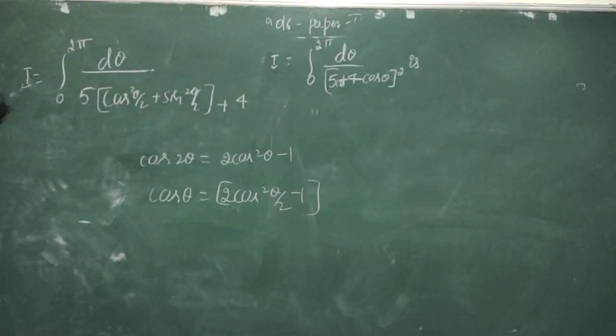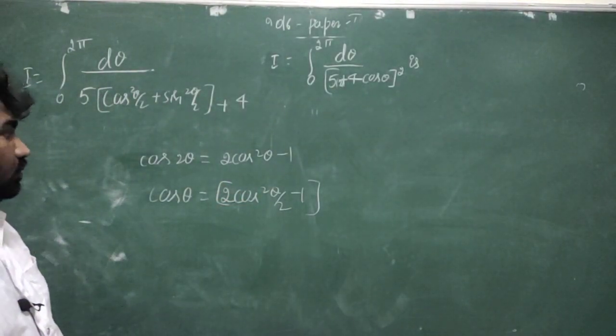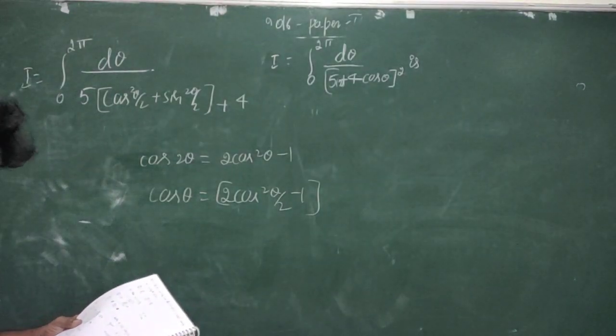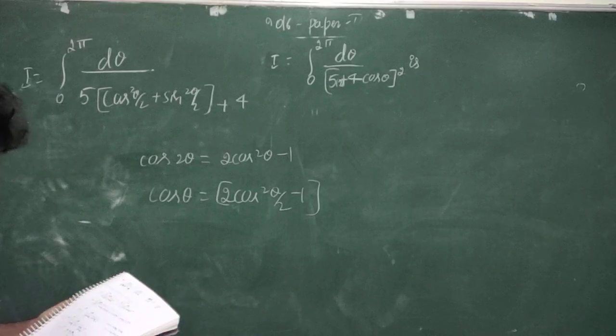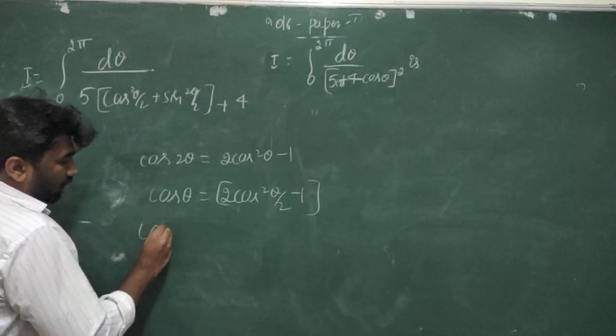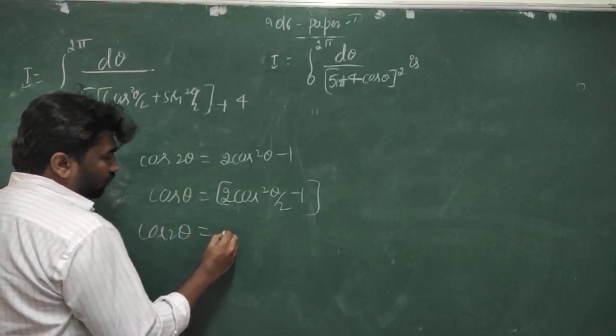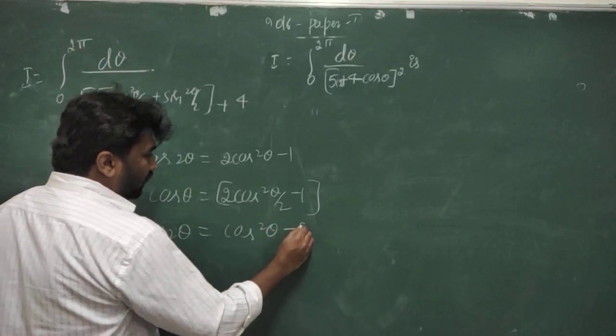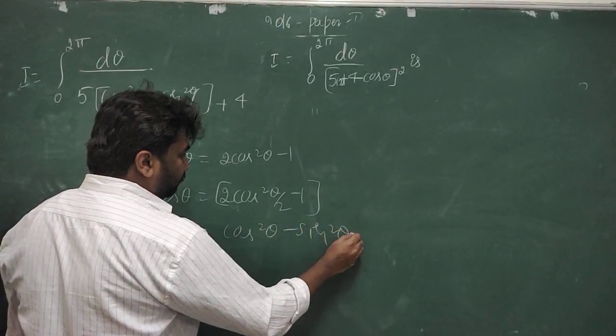Or one more formula: cos 2 theta is equal to cos square theta minus sin square theta.